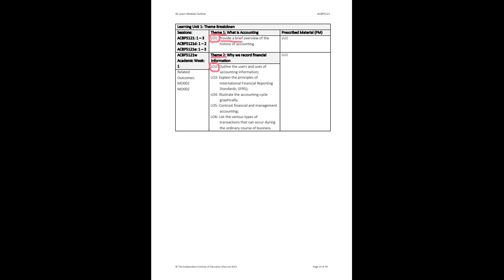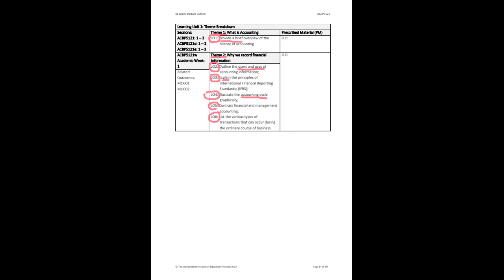So uses of accounting, explain the principles, illustrate the accounting cycle. We've been through that. We know how important the accounting cycle is, and that accounting cycle is included in that video that I've uploaded today, and so on. So you guys know now how your learning objectives work. They're very important.